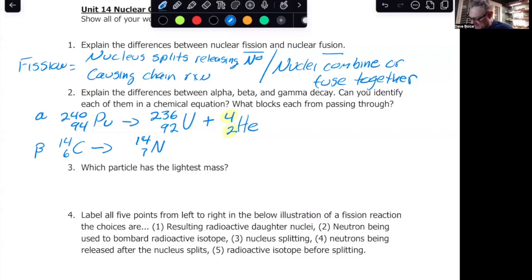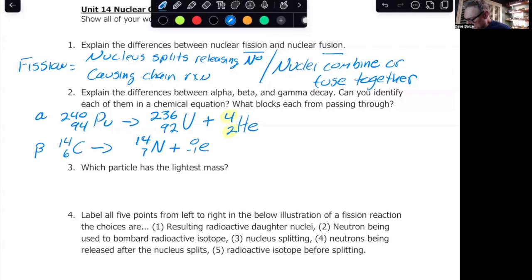So this now becomes nitrogen. My atomic number goes up because I have one more proton, but my mass number doesn't change at all because I still have the same sum of protons and neutrons. And then I'm also going to have an electron, which in nuclear chemistry is generally written like this.